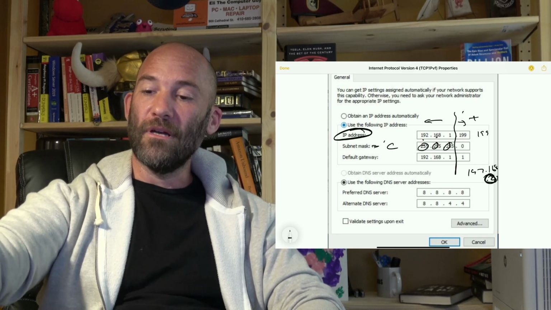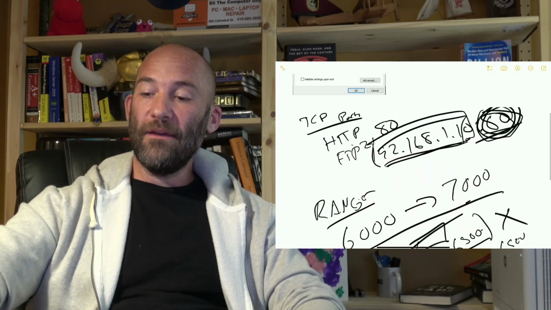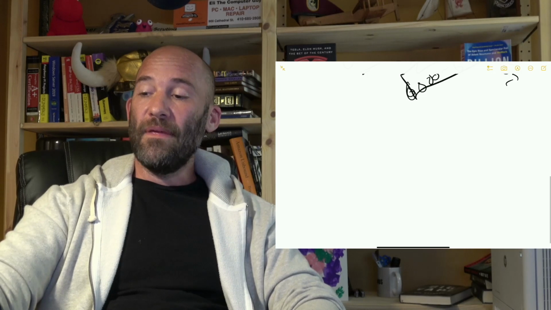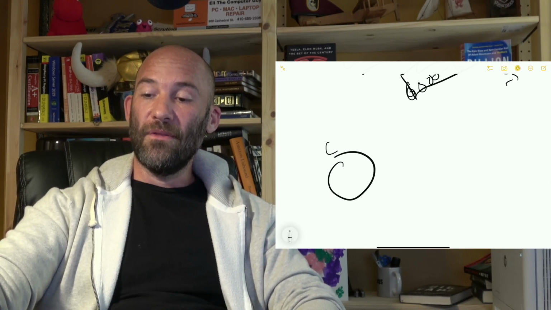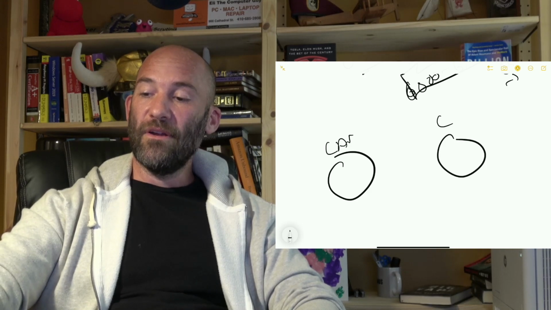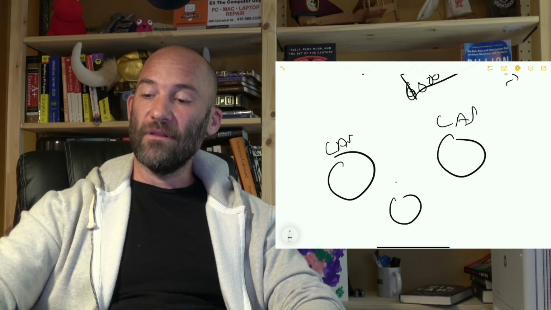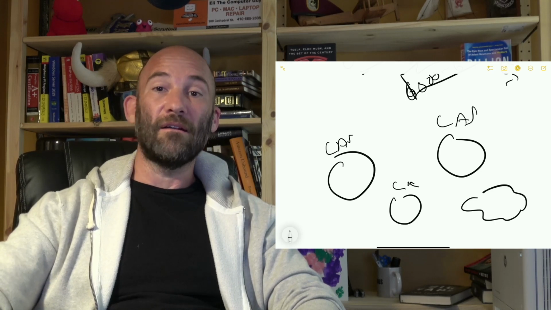Again, remember when we talk about IP addresses, the IP address scheme is all about dividing networks, right? So this is one LAN, then we have a different LAN over here, and a different LAN over here, and we have the internet over there.